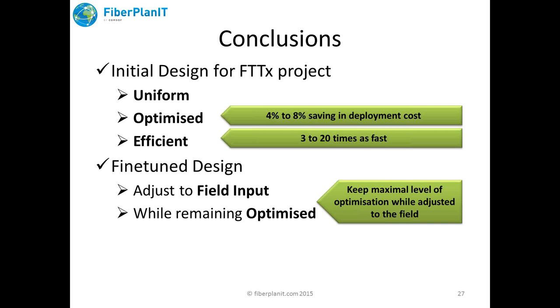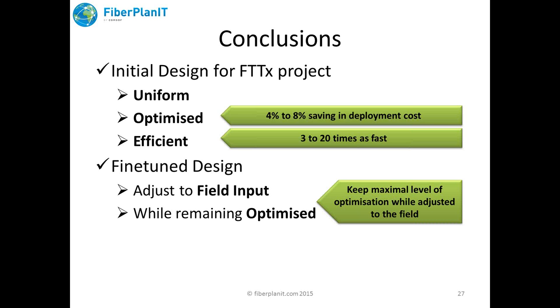Just some figures to recap of real-life examples of gains. In the optimization in the initial design, we see savings of 4% easily and up to 8% in some cases, and even more, all depending, of course, on the basis you're comparing with.